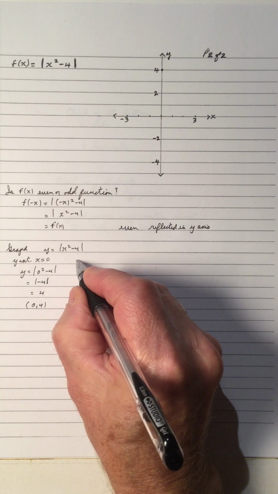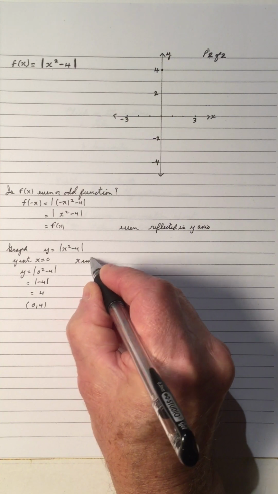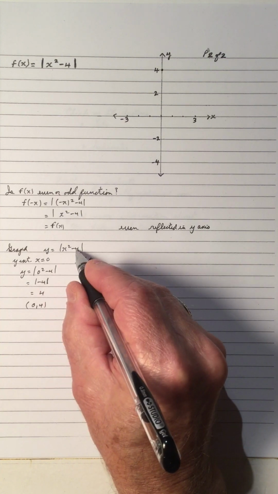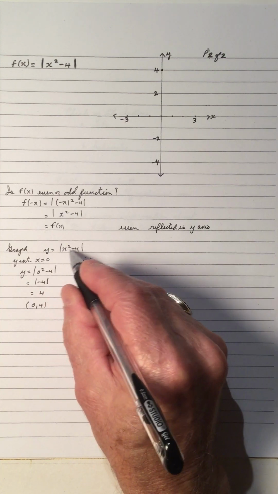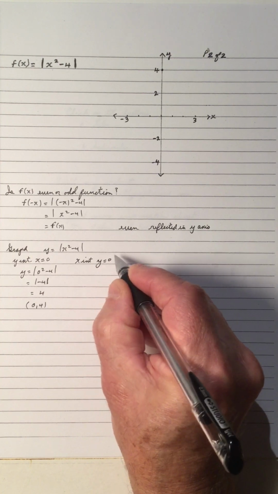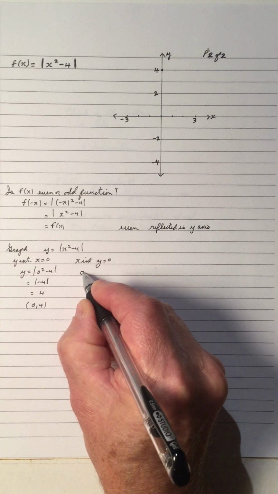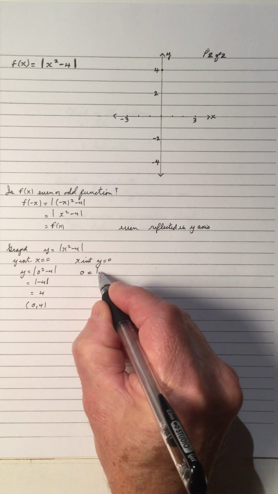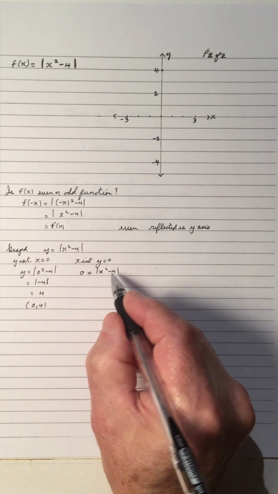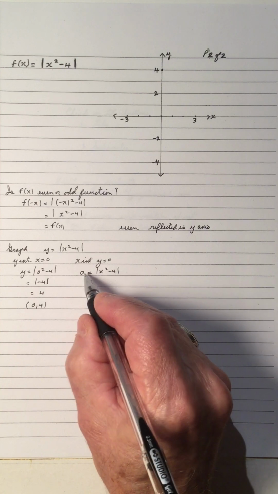Now let's look at the x-intercept of this equation, or when we make y equals 0. So 0 equals the absolute value of x squared minus 4. So the absolute value of what number gives you 0?